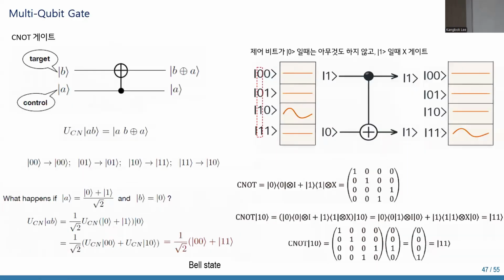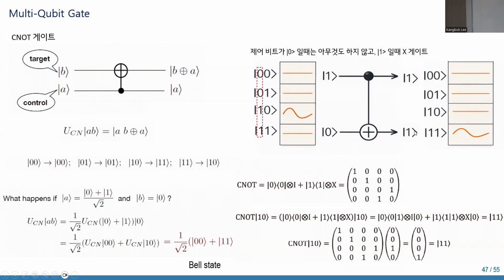So the tensor product, and the CNOT gate is also very famous. You have to know this 2-qubit gate. As I said, this is the control qubit and this is the target qubit. When the control is 0, nothing changes. When the control here is 1, it flips the target with an X gate.